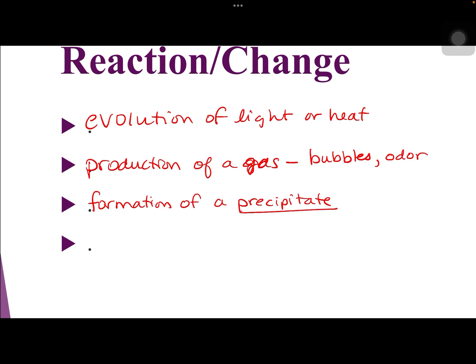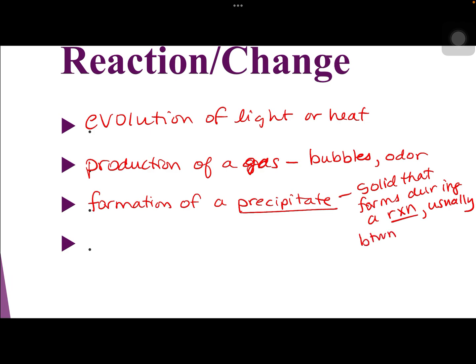So in a chemical reaction, a precipitate is a solid that forms during a reaction. I abbreviate reaction RXN, just so you know. So solid that forms during a reaction, usually between 2 solutions. I'll explain that further as I give you examples of types of reactions.